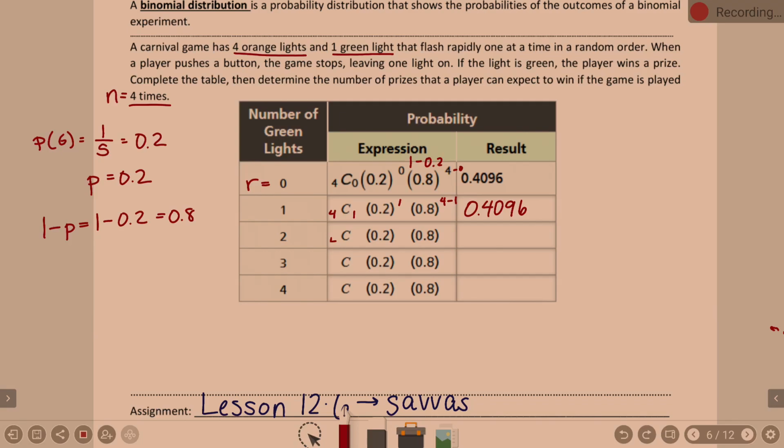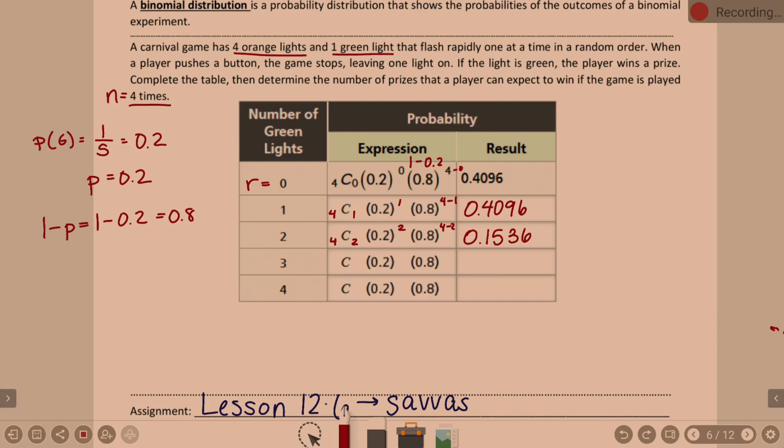4C2, 0.2 to the second, 0.8 to the 4 minus 2, or the second. Yep, 0.1536, I like it.